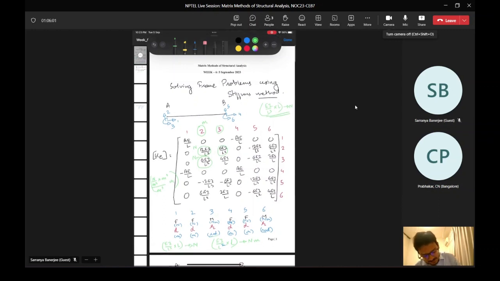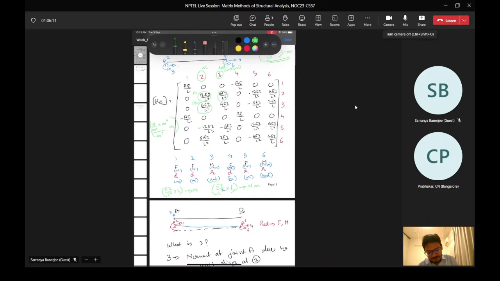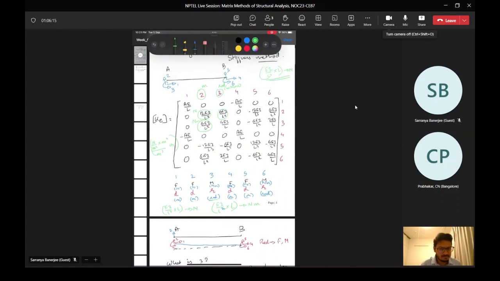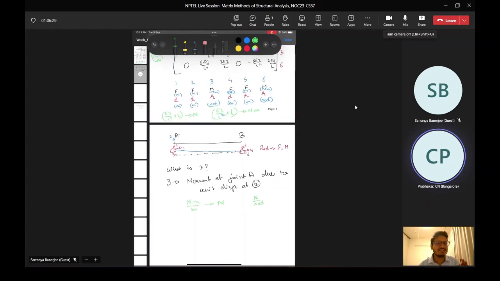Rotation is radians, so unitless. So now 6 EI by L square, we know EI by L square is already Newton, and that is due to the unit rotation. So Newton divided by rotation, radian, no units. Rotation has no units.